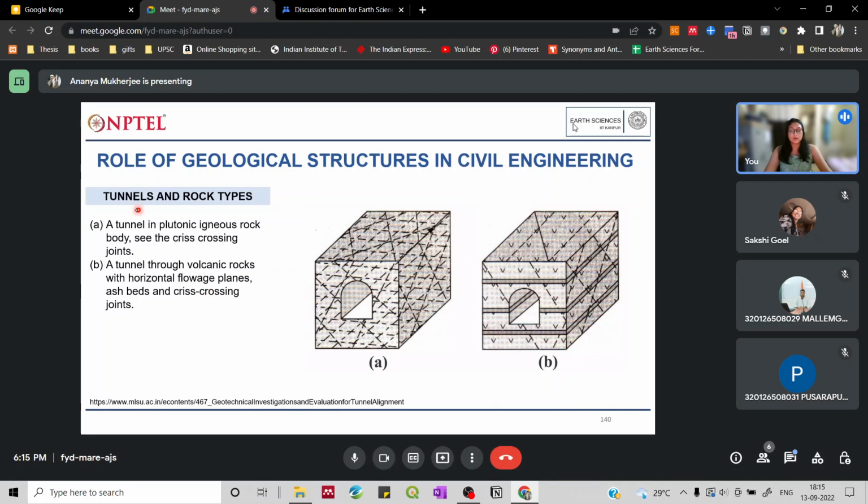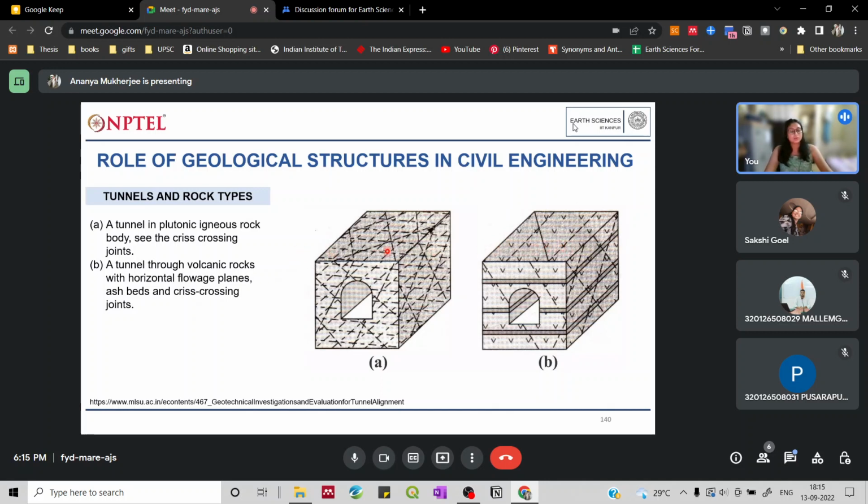So over here now we are considering tunnels and different rock types. This is a plutonic igneous rock, examples would be granite, pegmatite, and this is a volcanic igneous rock. Volcanic igneous rock means, say, basalt, which is one of the most common examples that we have.